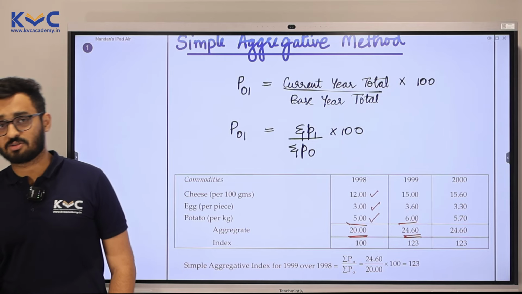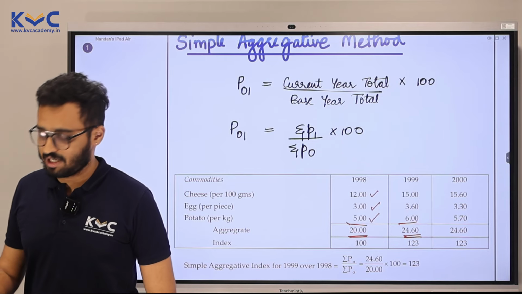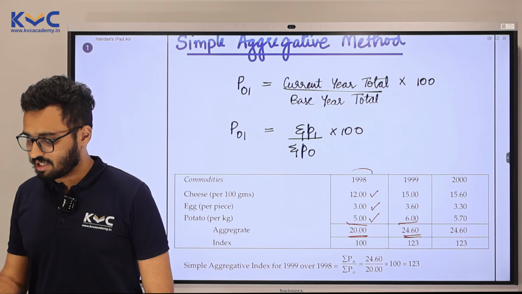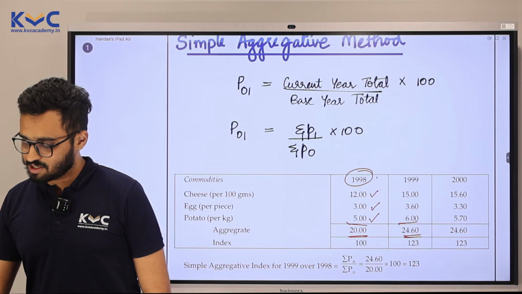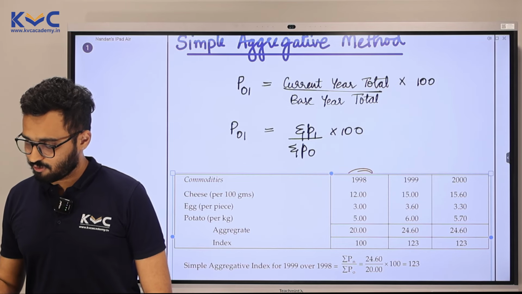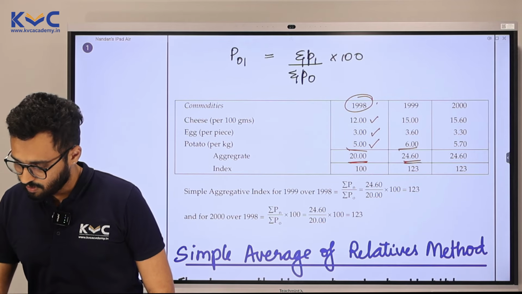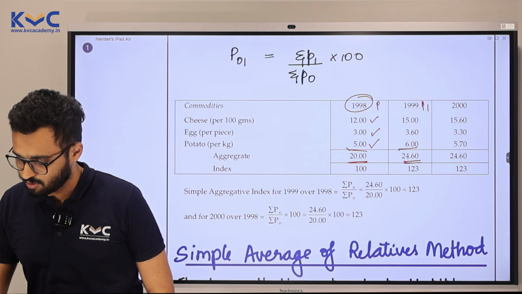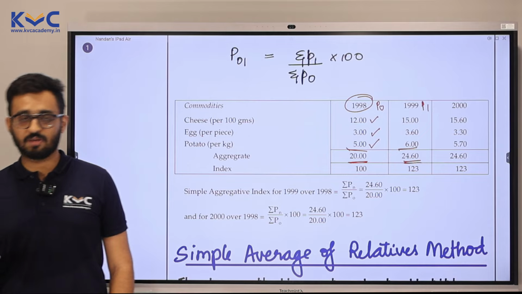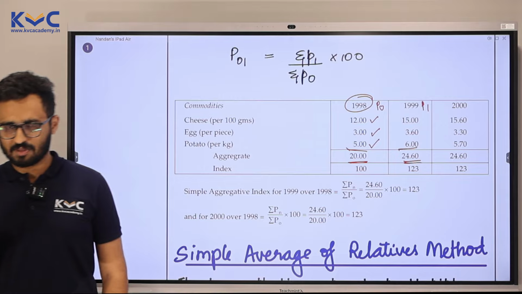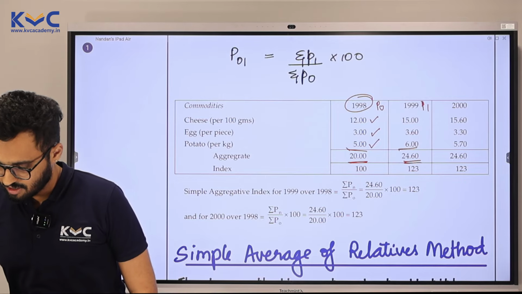So if someone asks you the price index number for 1999, taking 1998 as the base, you basically do summation of P1, that is prices of P1. This is P1, and this is P0. P0 is the base year, P1 is the current year, the year for which the index is calculated.